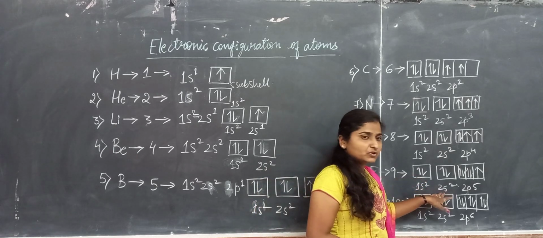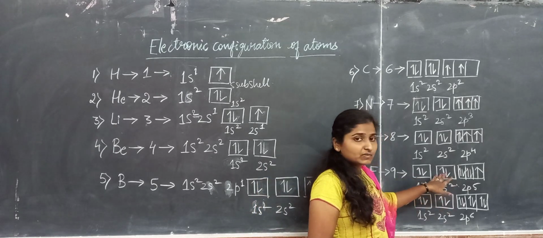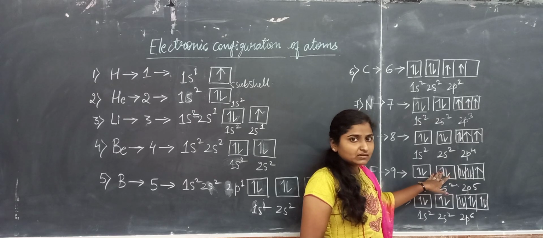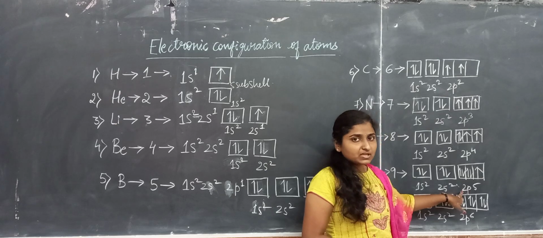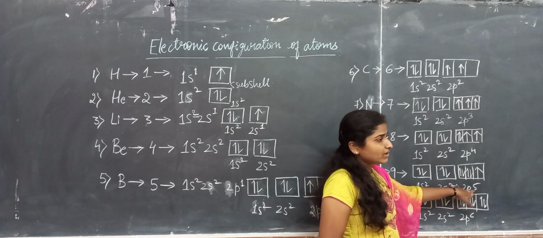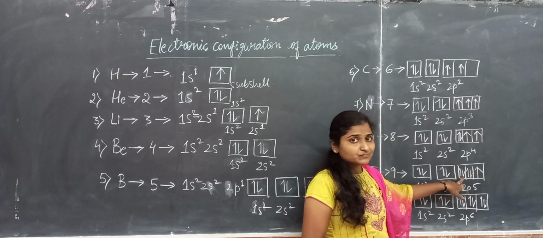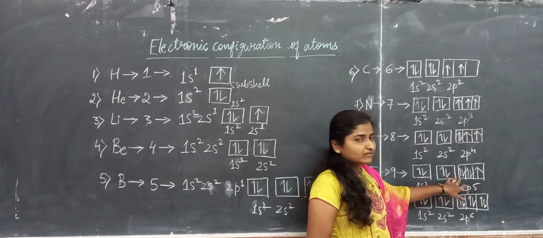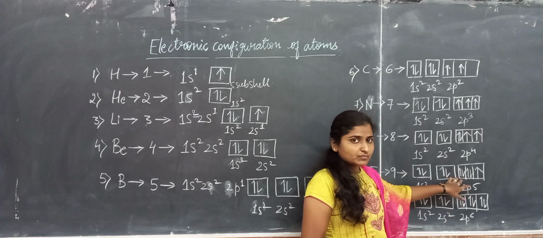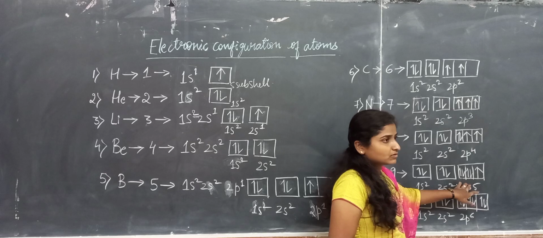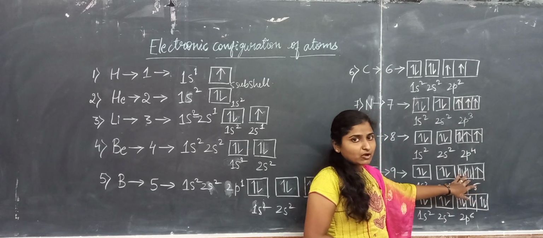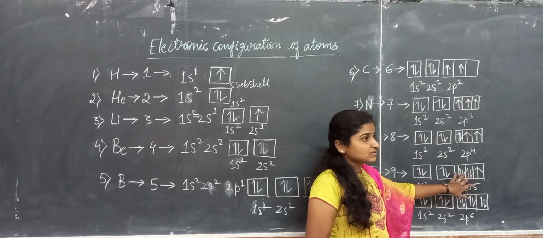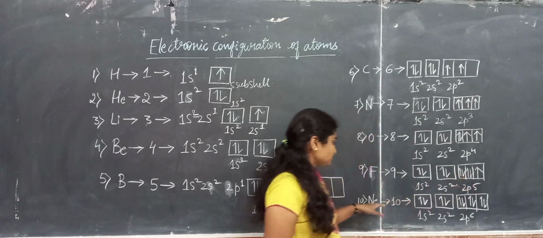In the 2p subshell, we have to fill 5 electrons. The 4th electron will pair with the first electron in the 2px orbital, whereas the 5th electron will get paired with the second electron in the 2py orbital. So here the pairing starts in the second orbital.